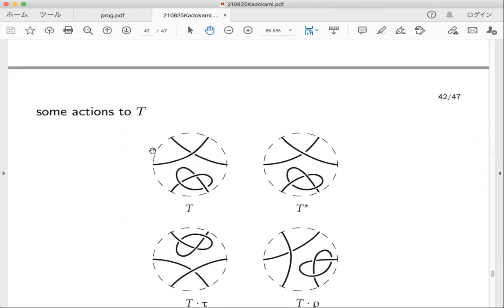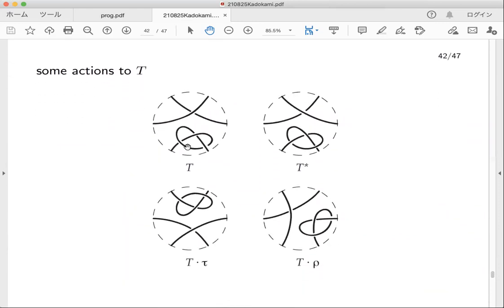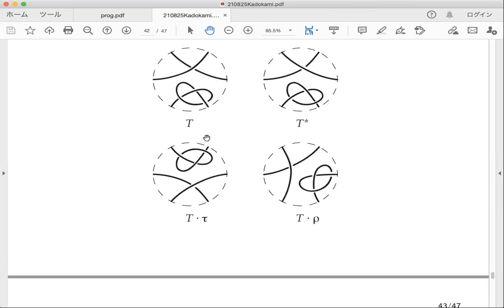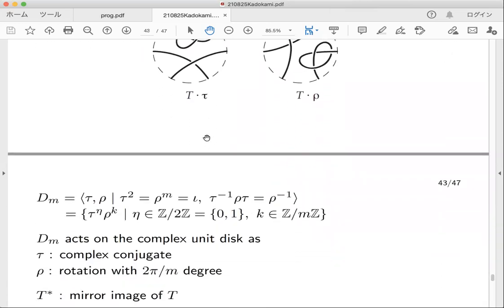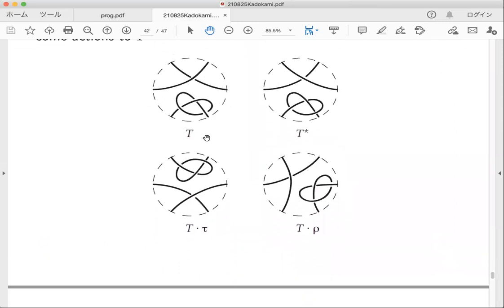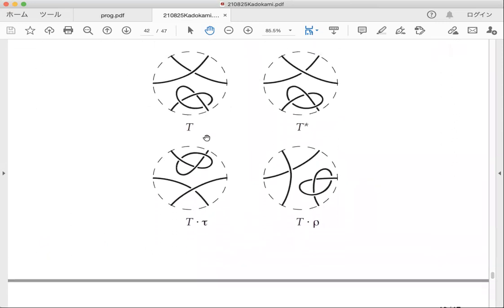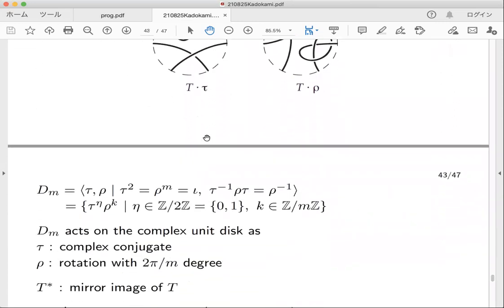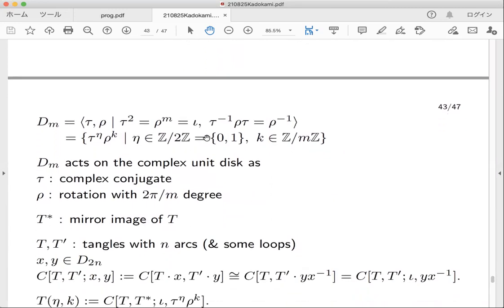And there are some actions on tangle T. We act with an element of the dihedral group D_M.